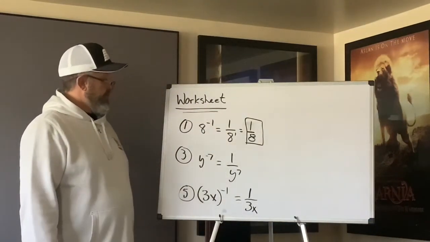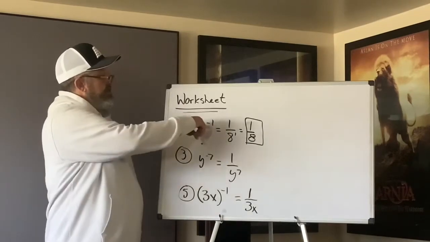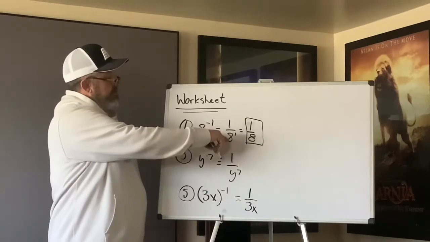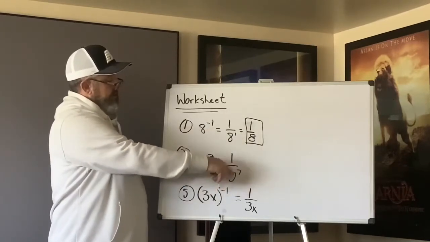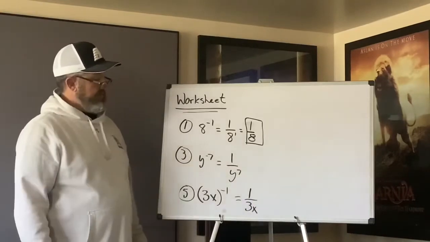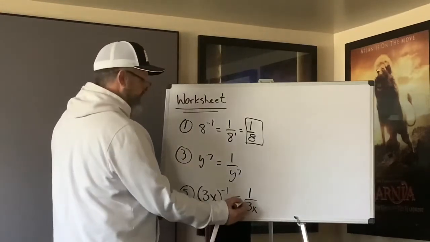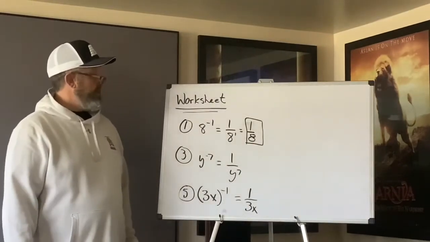All right? So it goes kind of fast, doesn't it? But anything raised to a negative exponent, you just transfer it to the bottom, solve. This one, who knows what y to the 7th is, right? So we just leave it. 3x to the negative 1, transfer it to the bottom. I could put this whole thing in parentheses to the negative 1, but you don't have to do that.